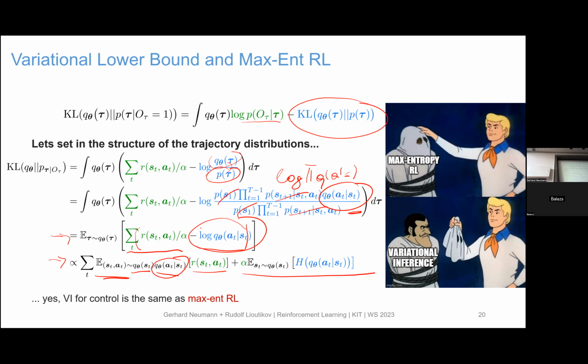But you should know that max entropy reinforcement learning and variational inference are essentially the same thing, also for the sequential case when we talk about trajectories. For the single time step case where we only have actions, it's quite easy to see. That was the slide three slides before. For the trajectories, it's not so easy to see. You need all these derivations. If you don't want to remember them, forget about it, but just have seen them once.